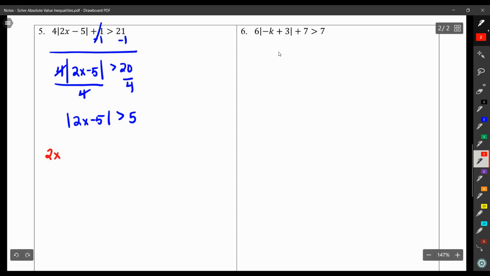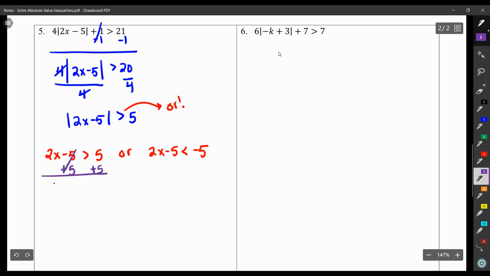So we're going to have the inside, 2x minus 5 greater than 5. Because it's a greater than, this is the or, 2x minus 5 is less than negative 5. Don't forget to flip the symbol. Once it's split apart, we can solve this like normal. So we're going to add 5 to both sides. We get 2x greater than 10.